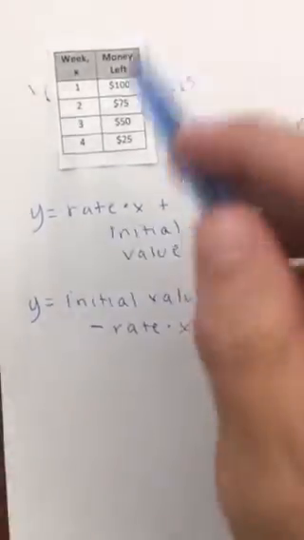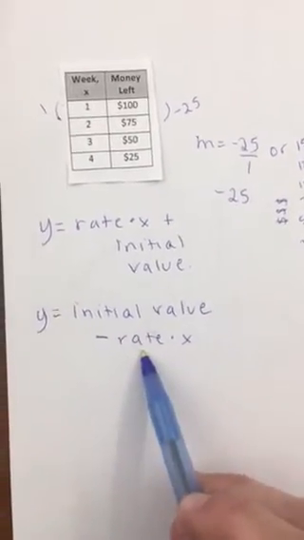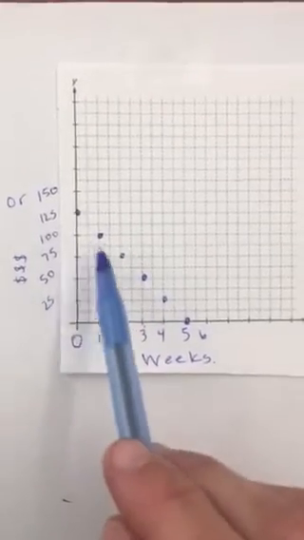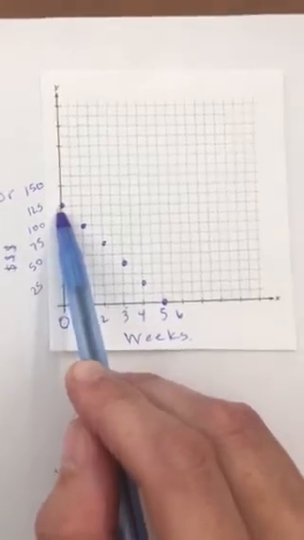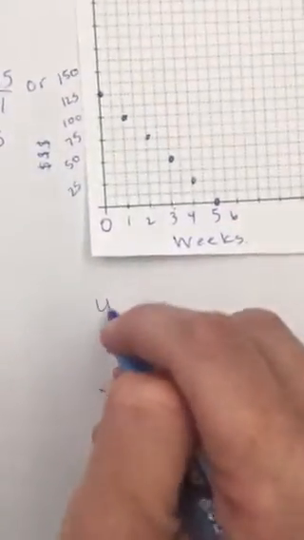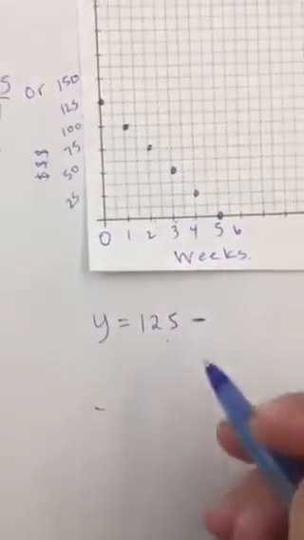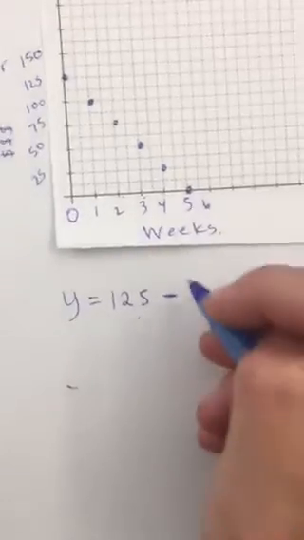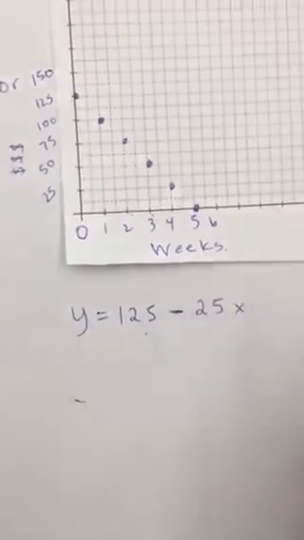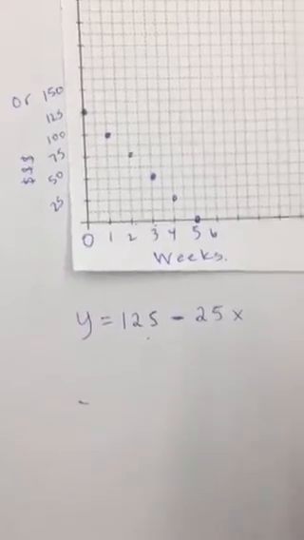Because this is a decreasing situation, I'm going to use this format. If this trend were perfect, it seems like he would have started off with $125. So when I go to write my equation, it should be y equals 125 minus $25 each week, since he's spending at a rate of $25 each week. Pretty simple. Now, domain and range.